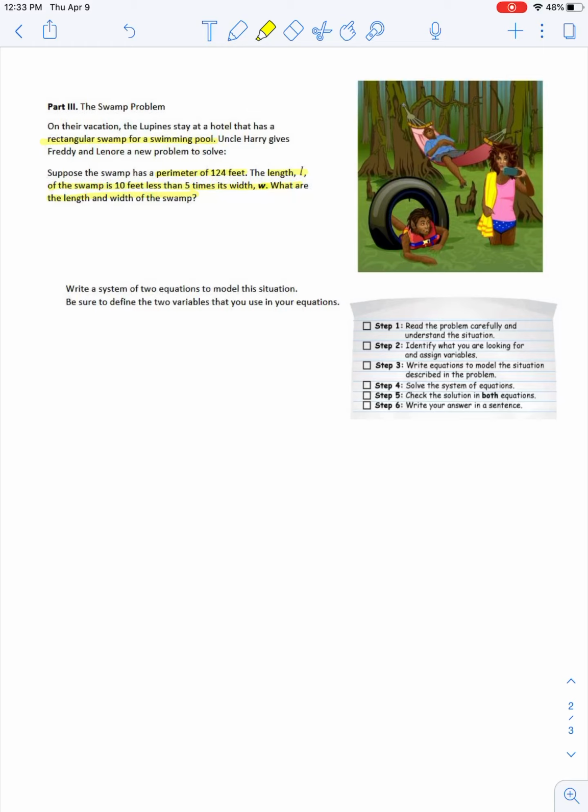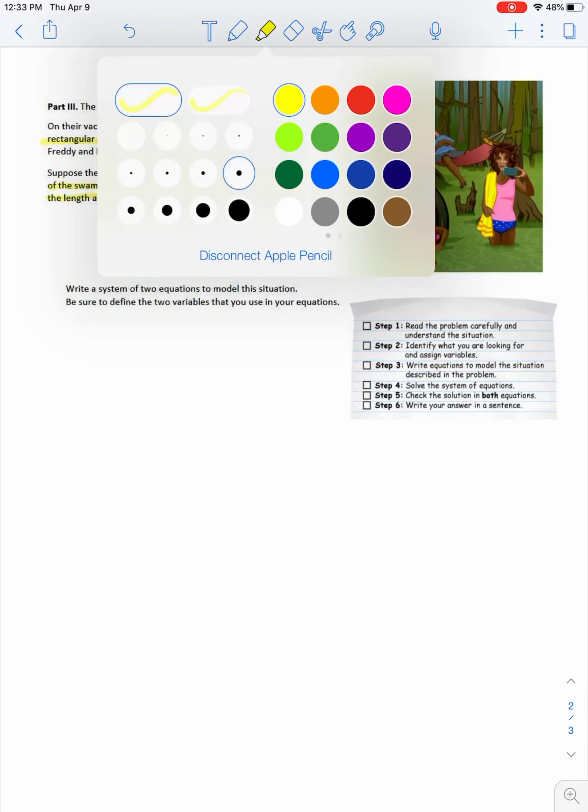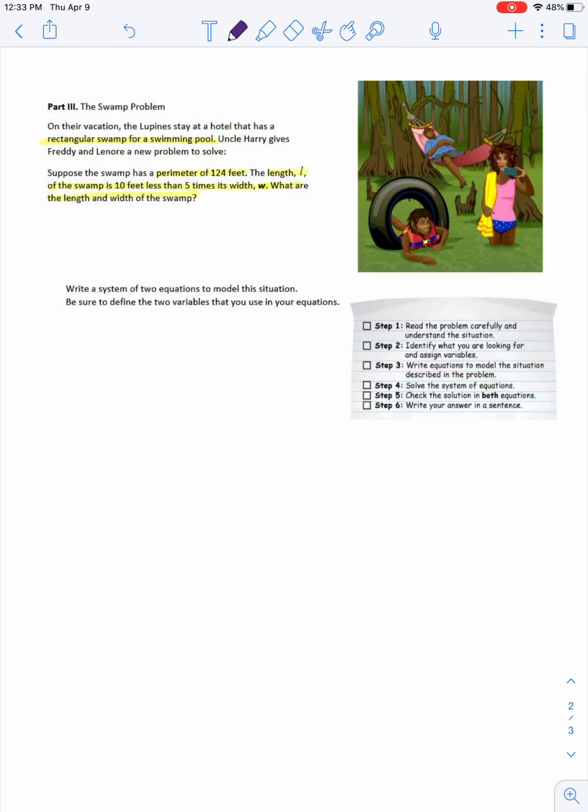So let's go through this just like we've been going through it before. So let's start with step 1. We know that the perimeter is 124 feet, and we know that the length is 10 less than 5 times the width.